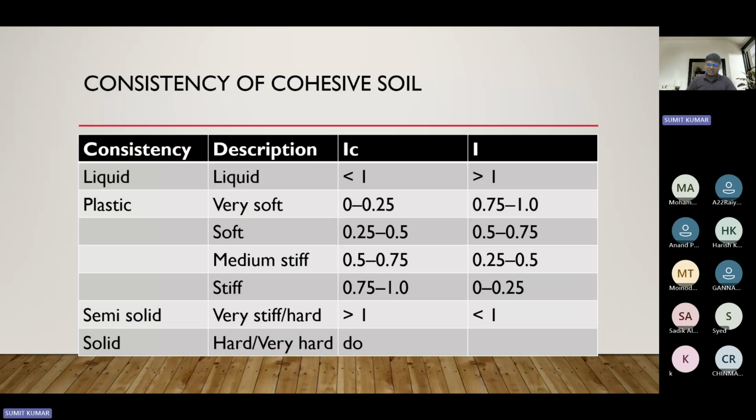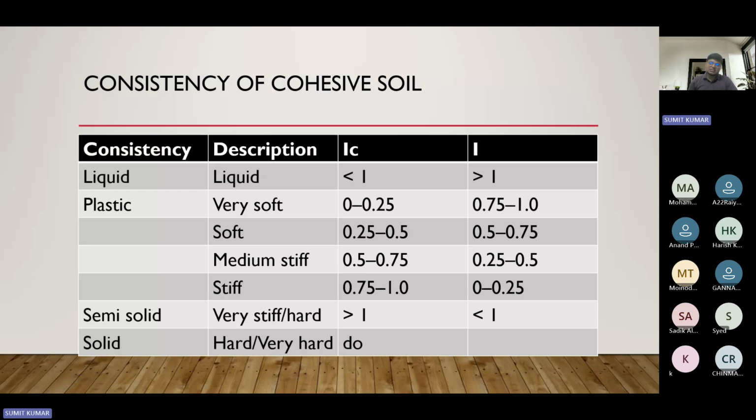Okay, over here IC is the consistency index, while IL is the liquidity index, and both are converse of one another. So if we go on the basis of the consistency index, it varies from less than 0, to 0.25, to 0.5, and so on.